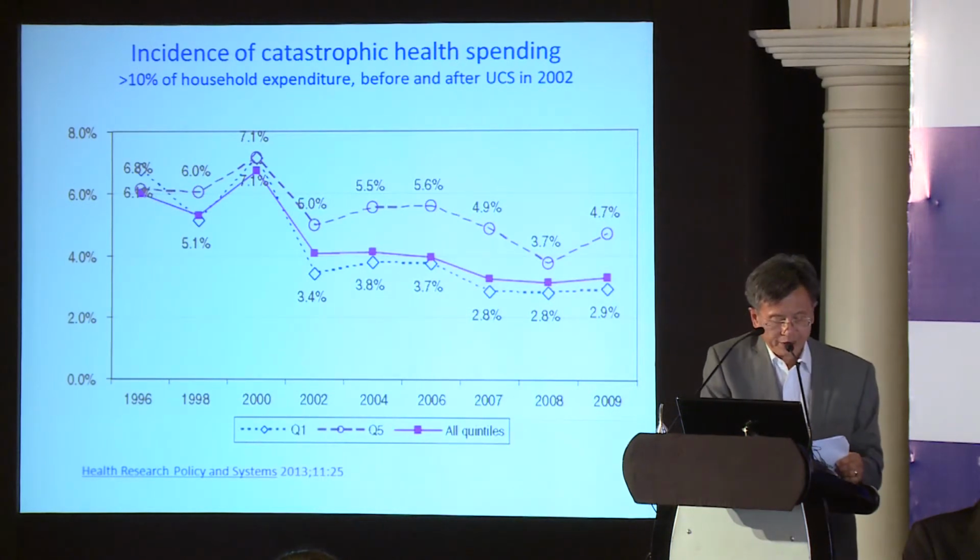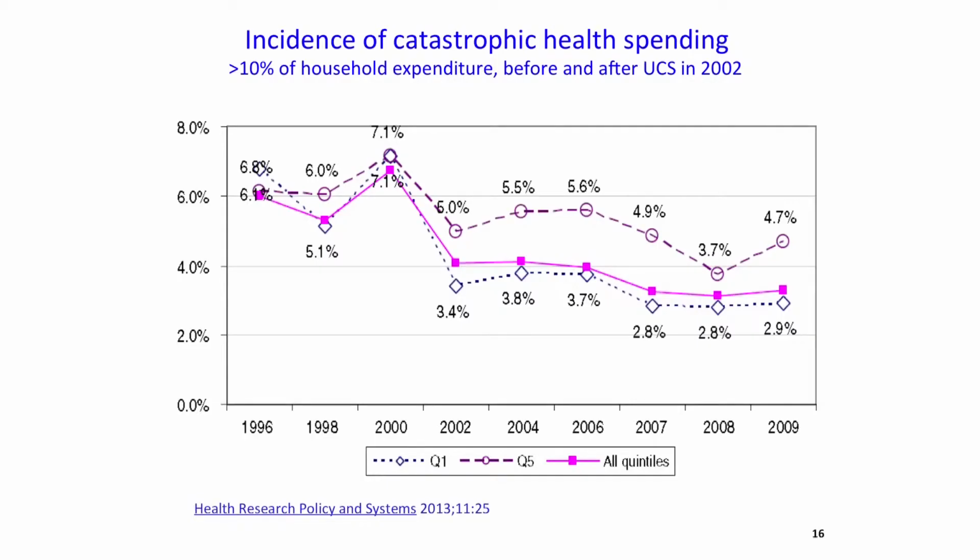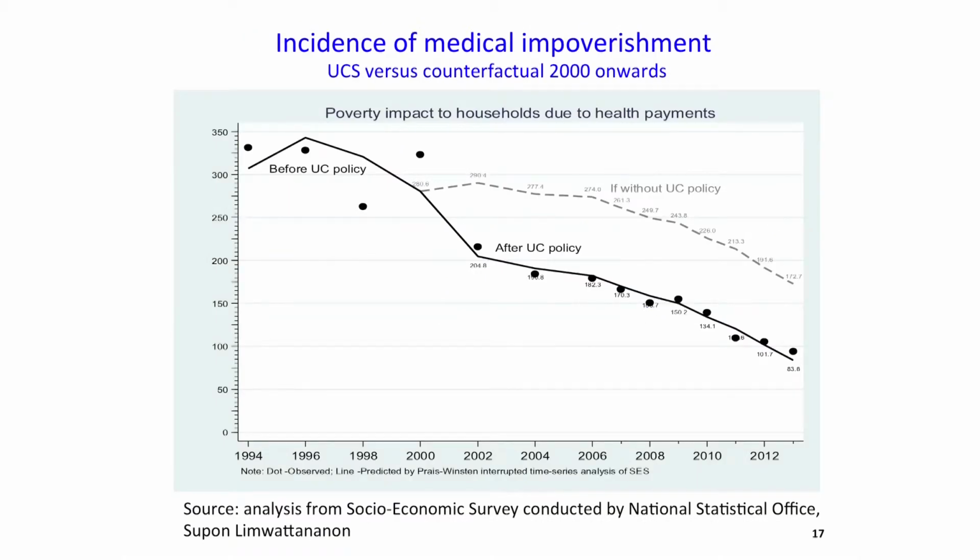Incidence of catastrophic spending, as measured by more than 10% of household expenditure on health, gradually reduced more among the poorest quintile than the richest quintile. The counterfactual is the dotted line above. If there were no UC scheme, there would be this amount of households impoverished from medical bills.